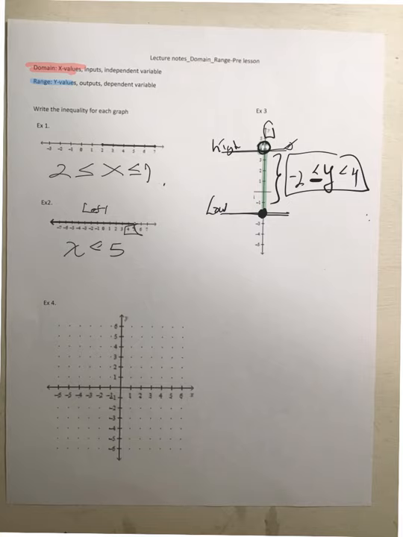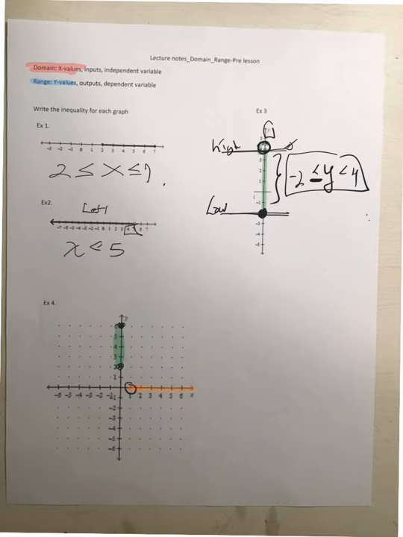So I'm going to highlight all the numbers that are to the right of 1. And I'm going to highlight all the numbers that are between 2 and 6. Let's say that these are both solid, and this was an open.